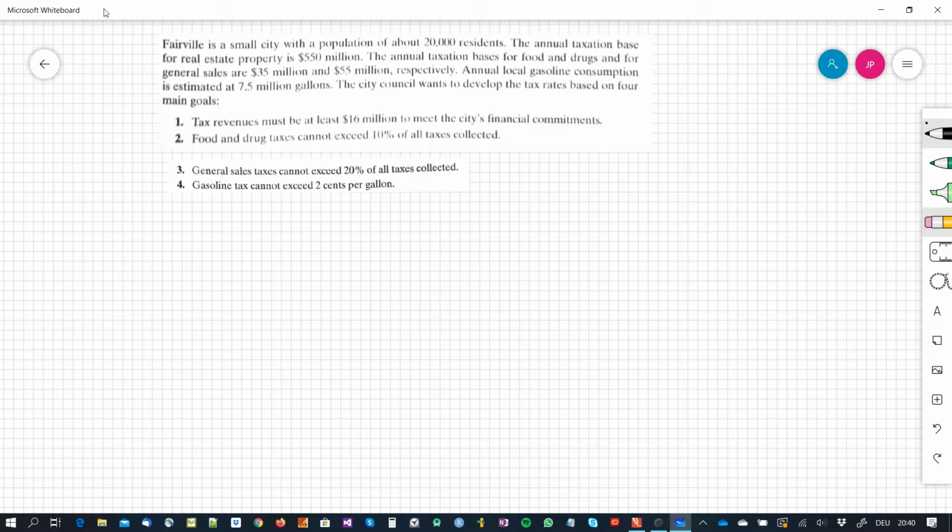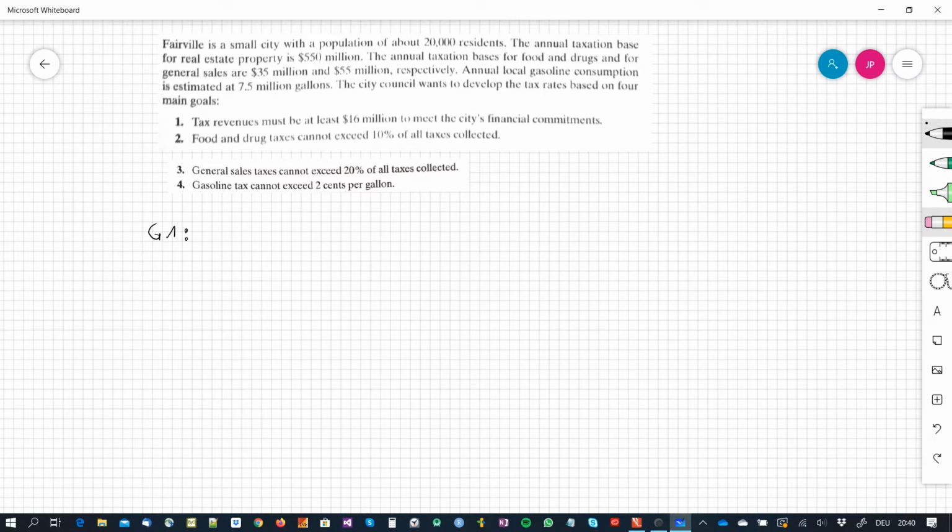So first they require in goal 1 that the tax revenues must be at least $16 million to meet the city's financial commitments. That means that all the different tax bases that we have need to be in sum at least $16 million.